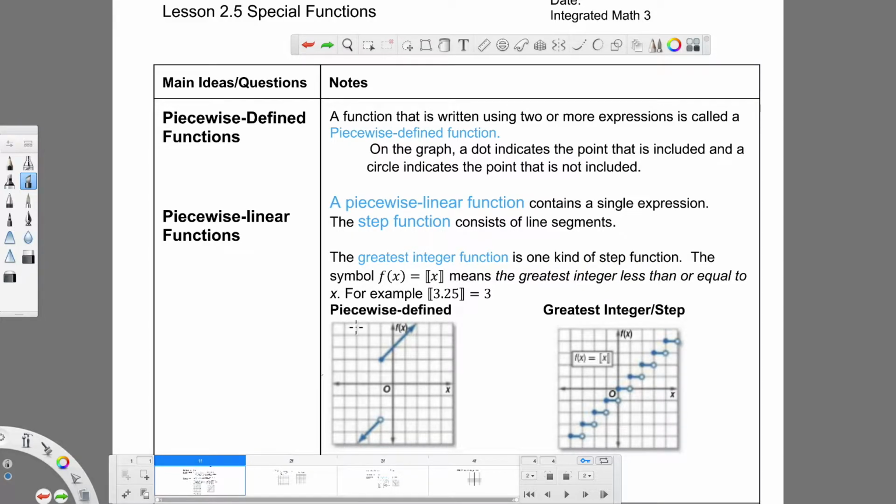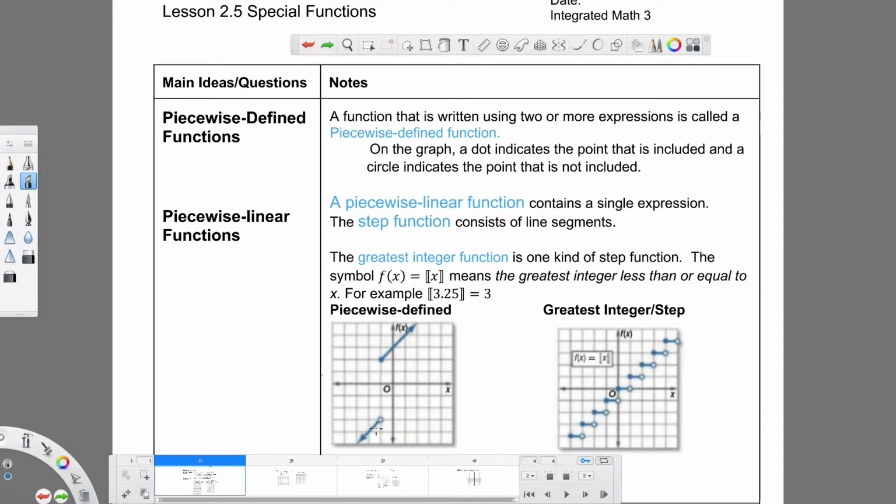So for example, the greatest integer less than or equal to 3.25 is 3. So remember, it's less than or equal to the greatest integer. We kind of just rounded down to the greatest integer, which would be 3. So that's just what these symbols mean.